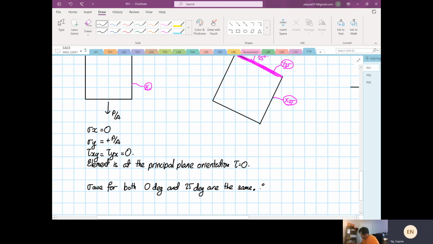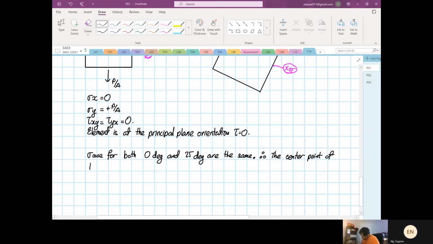Therefore, the center point of the circle is at a fixed position.